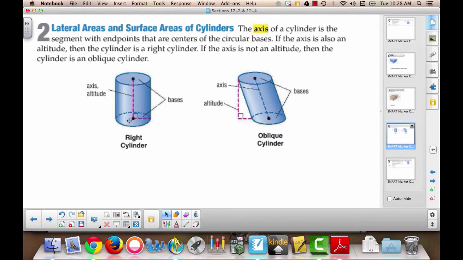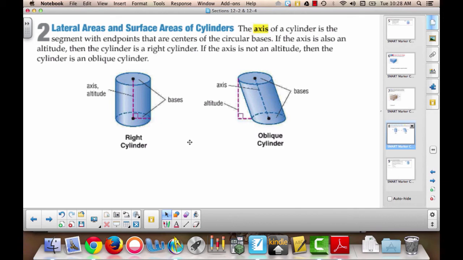If the bases are straight on top of each other, that height between the bases and this height here on the side are the same. However, if you have an oblique cylinder, that is not the case. This is the height of the cylinder, the distance between the two bases, and this is the length of a side.